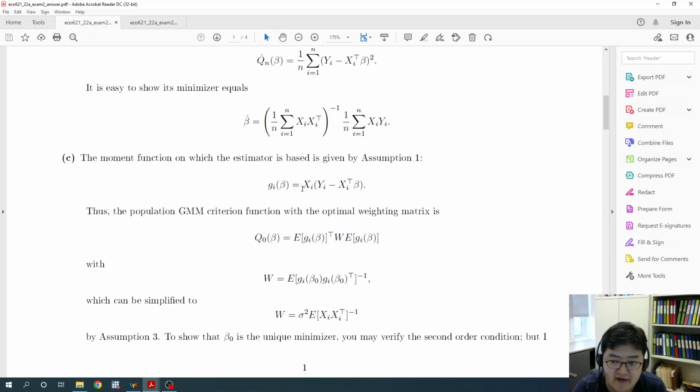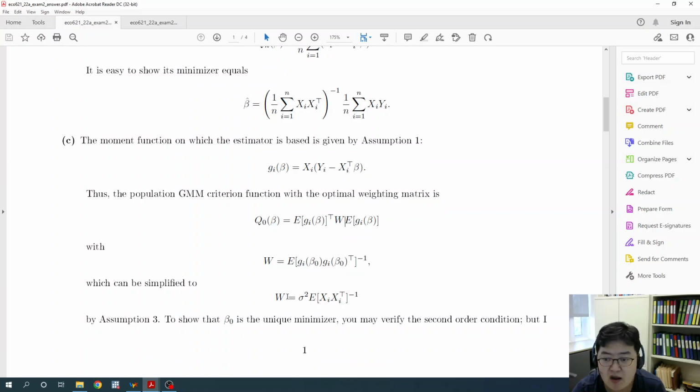Conceptually, we define the moment function this way, and then we define another criterion function this way with a certain weighting matrix. The optimal weighting matrix is known to be this. Excuse me, it should be inverted here, 1 over sigma squared.